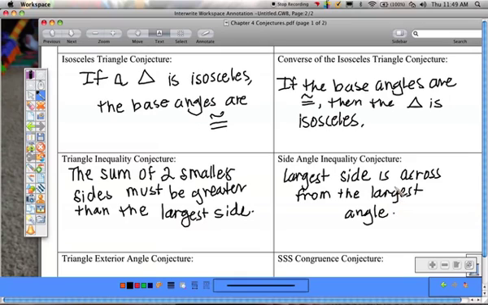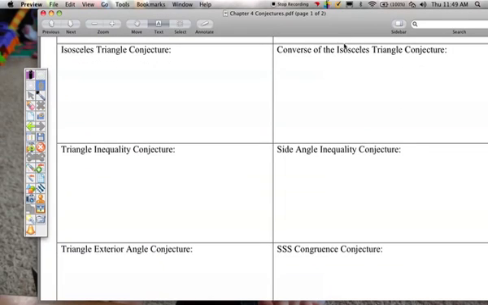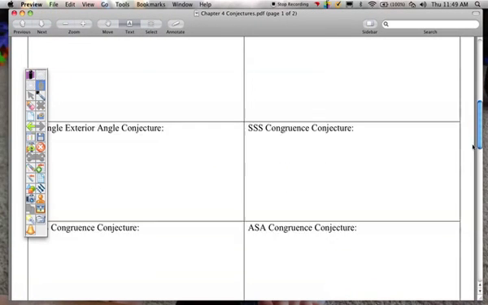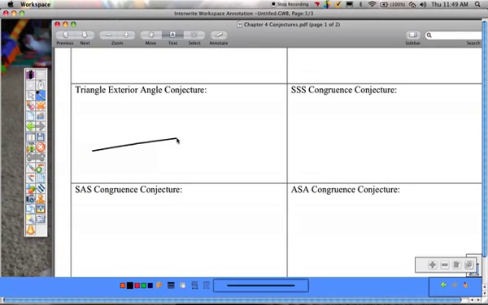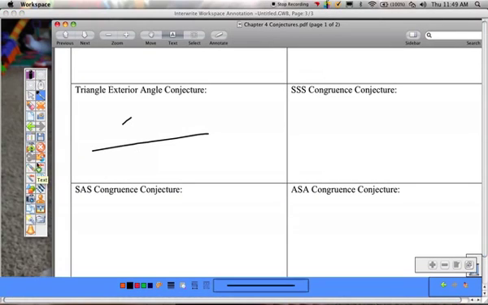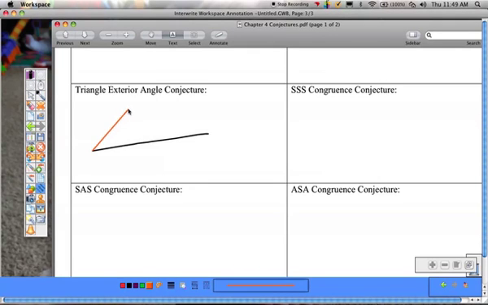And likewise, the middle side is across from the middle angle, and the smallest side is across from the smallest angle. The triangle exterior angle conjecture, I'm going to just draw this one out. Let's say we have a triangle. All right, we have the two remote interior angles. Angle 1 plus angle 2 is going to equal angle 3.